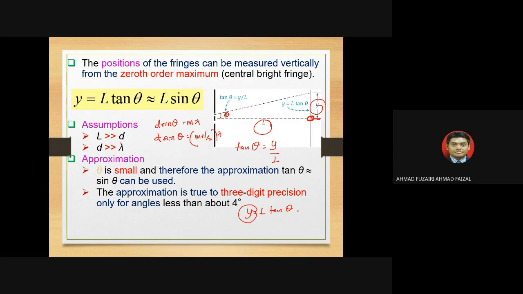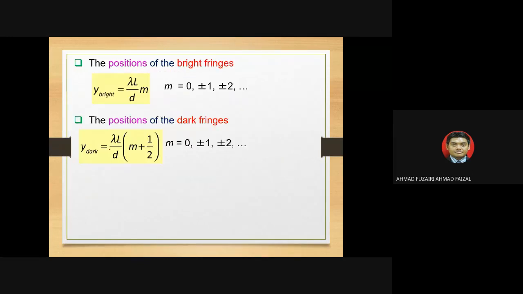Okay, so the assumption now is that L will be much bigger compared to d. So that's why now we can leave the d, and d sine theta, and lambda is equivalent to lambda, and therefore, okay, you will see that for the bright fringe, you will have this kind of equation.